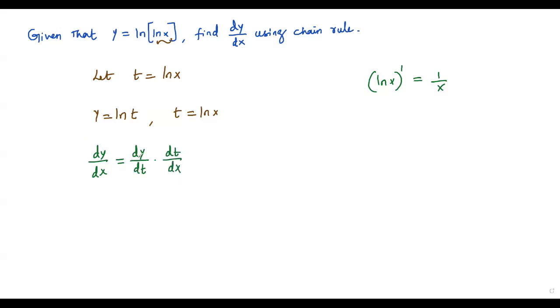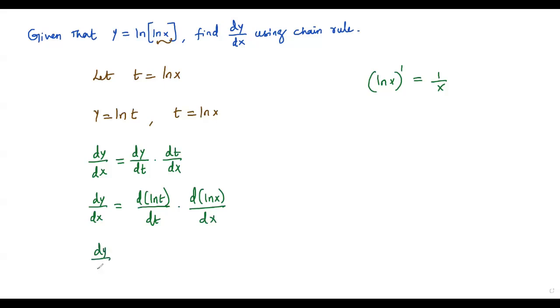Now what we need to do is plug in ln t for y and ln x for t. Let me do it in the next step. So dy over dx equals d of ln t over dt times d of ln x over dx.